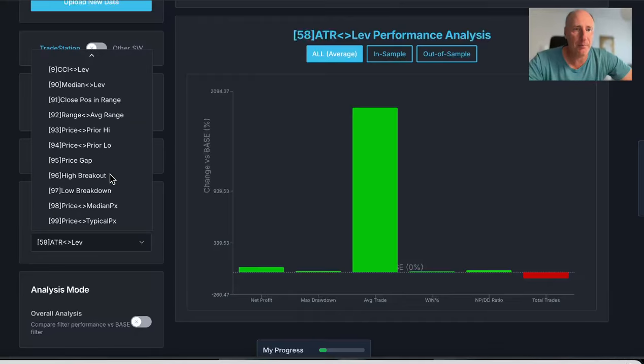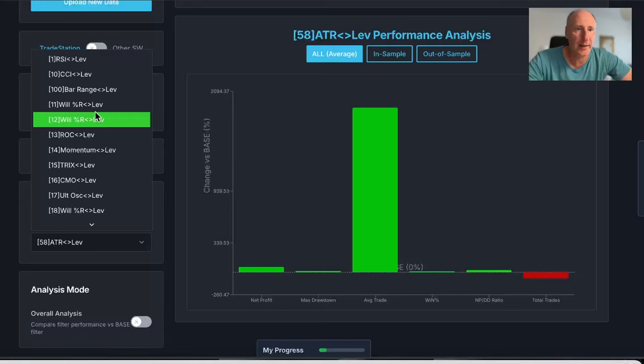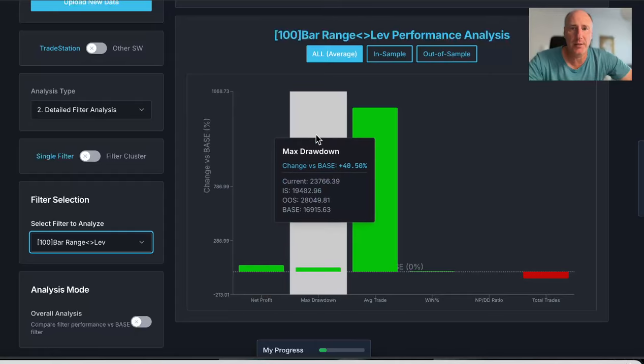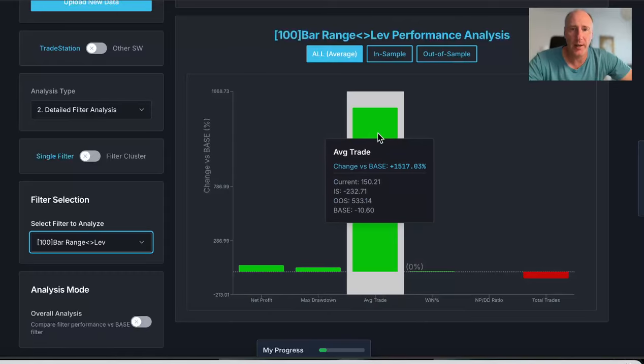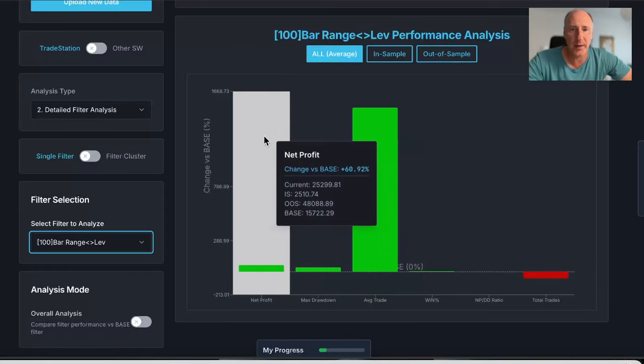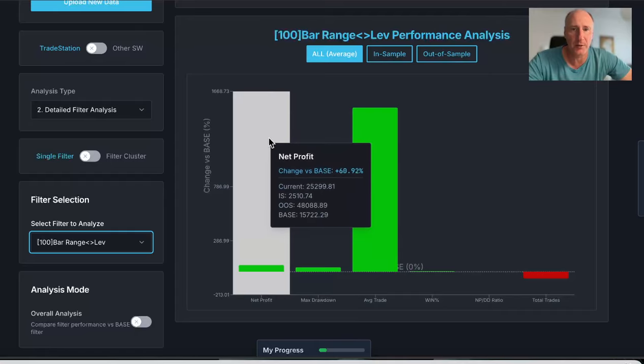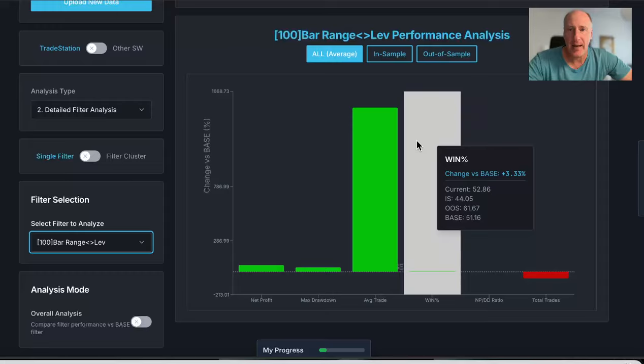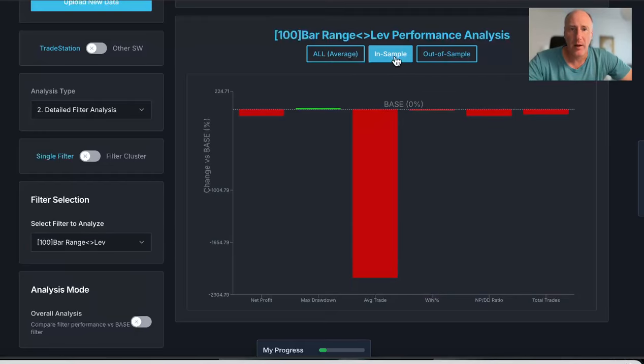But I think the number one is the number 100. Where do we have it? Here. The bar range, it's even more potent. So it's improving mostly average trade, max drawdown, it's improving, decreasing by 40% on average, improving net profit on average by 60%, and improving win percentage as well.